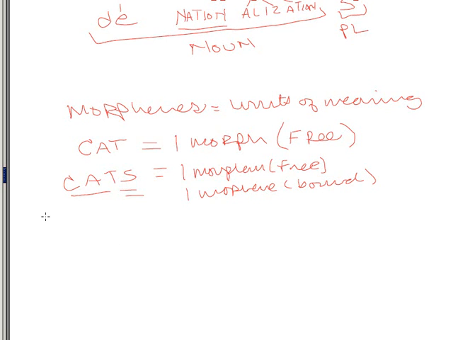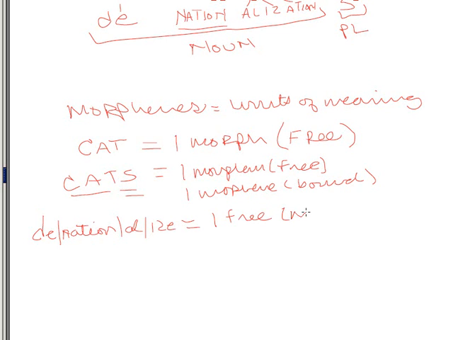Now let's go back to the word that we were working with, nation, and let's just leave it as denationalize, I-Z-E, and let's count up the morphemes. Well, in here we have one free morpheme, and that free morpheme obviously is nation.